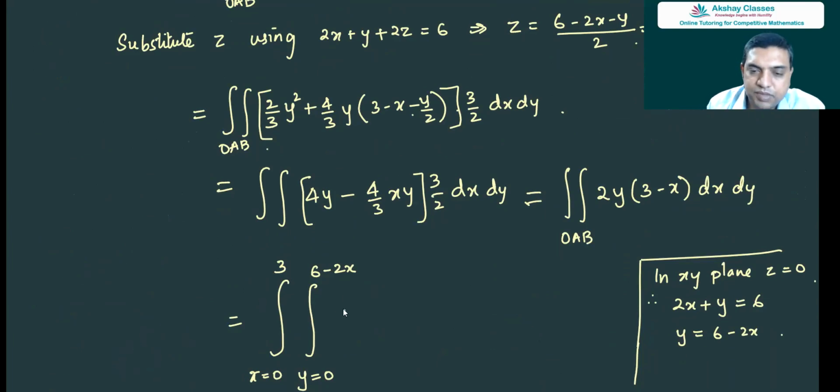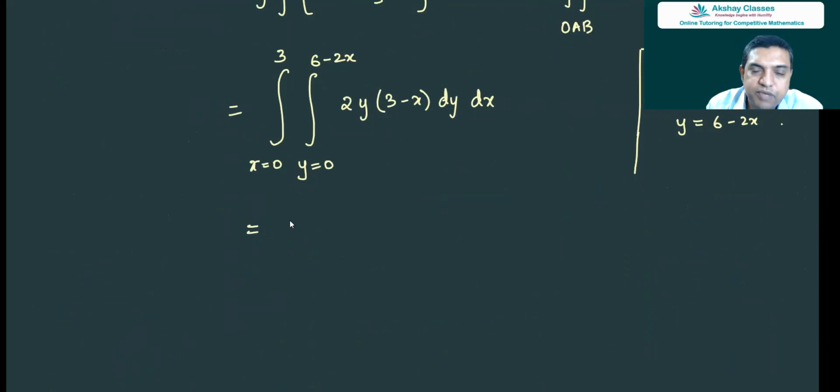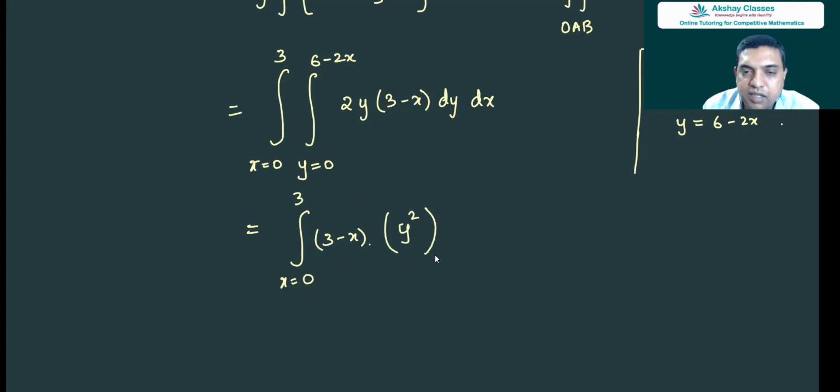So this is 2y, 3 minus x. First integrating with respect to y, then integrating with respect to x. So when we integrate with respect to y, keeping x constant, integrating y, we get y square. So 3 minus x is constant. So we get y square, applying limits from 0 to 6 minus 2x.